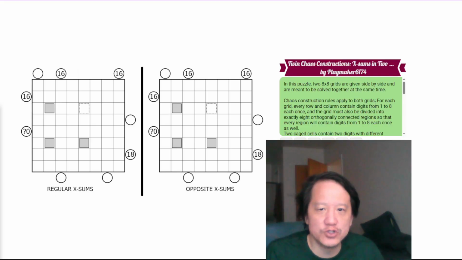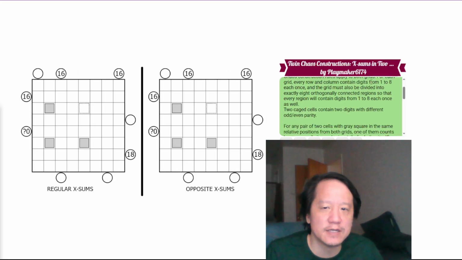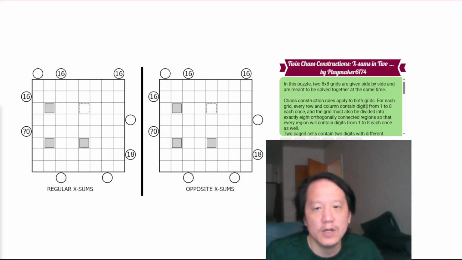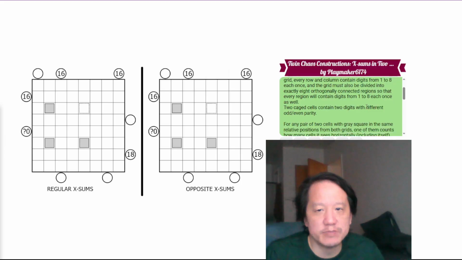In this puzzle, two 8 by 8 grids are given side by side and are meant to be solved together at the same time. Chaos construction rules apply to both grids.